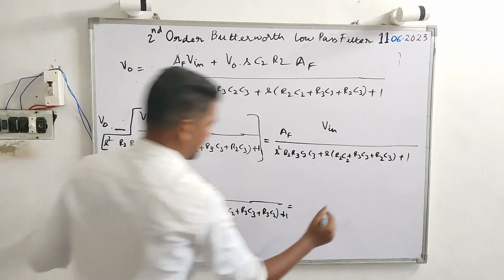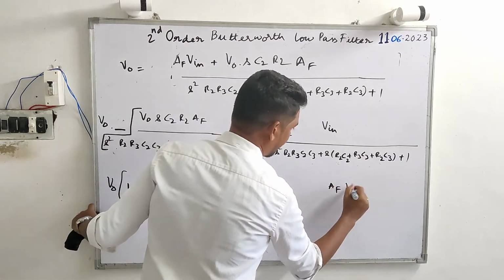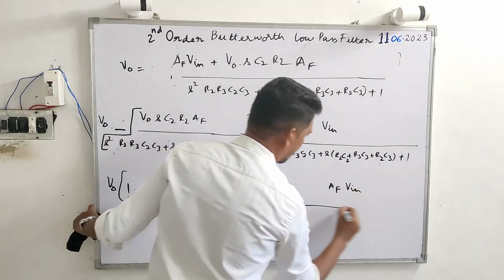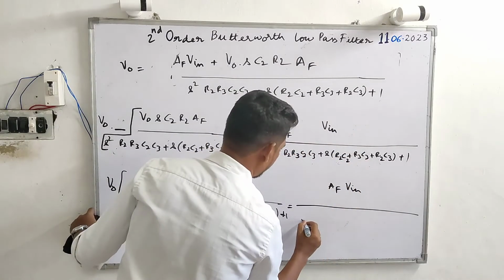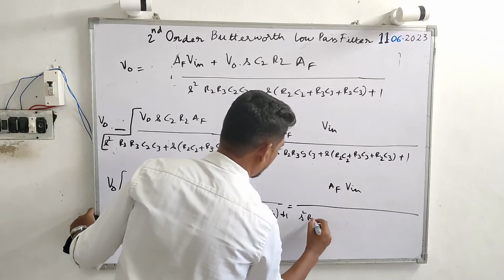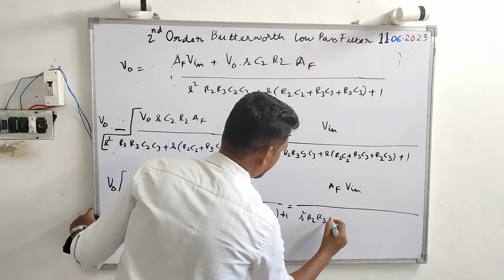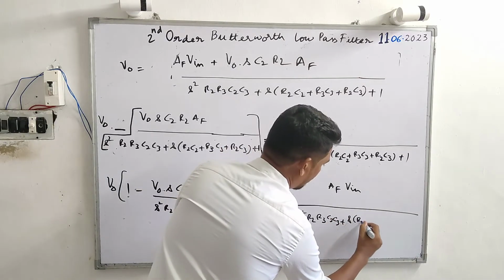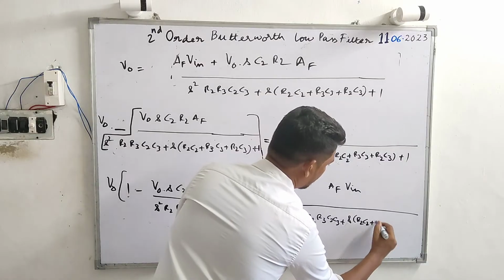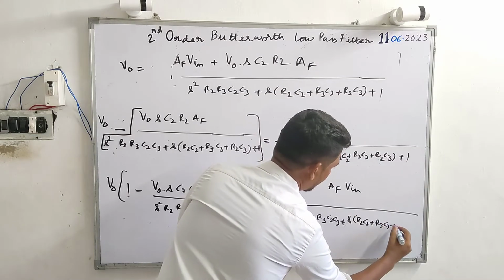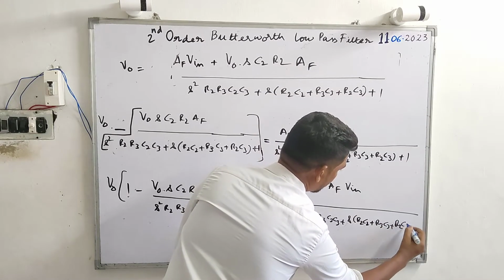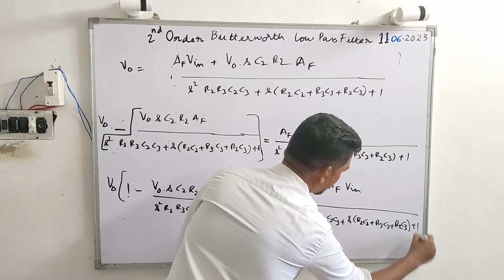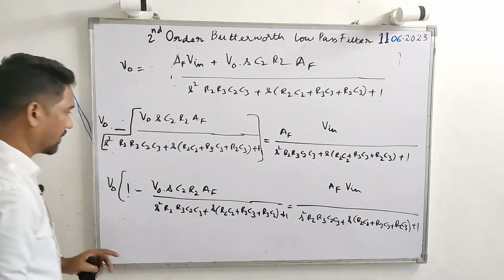That has to be written again, isn't it? AF Vn upon this entire term, S square R2 R3 C2 C3 plus S into (R2 C2 plus R3 C3 plus R2 C3) close the braces plus 1. Here, this is the arrangement.